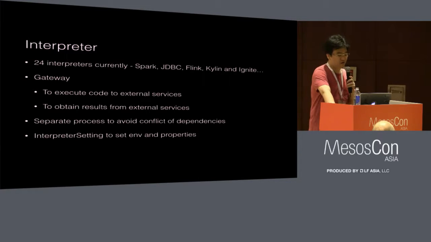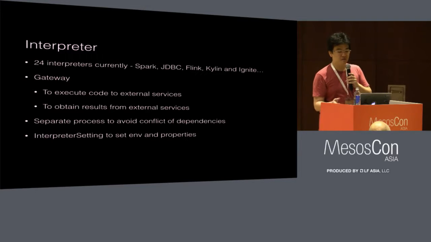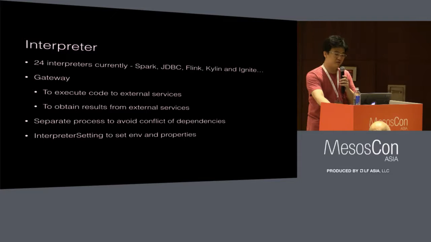The interpreter setting is used for creating an interpreter. The interpreter setting has environment variables and properties. One interesting thing is you can create interpreters within the same interpreter group.